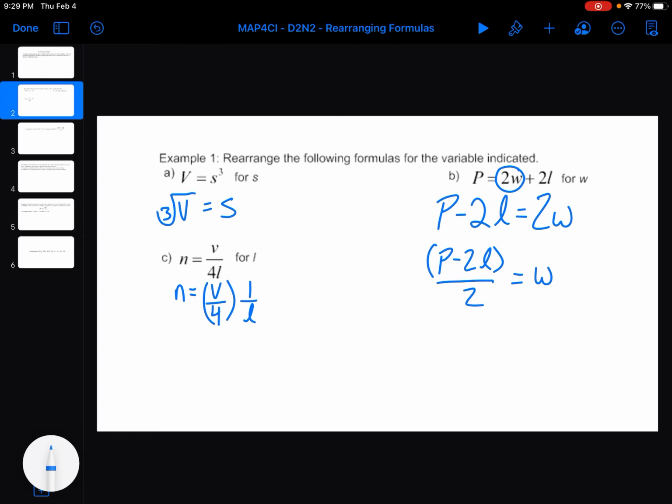So we can multiply that L up to the other side. So this is going to say n times L equals v over 4. And now I just need to divide by n, because the opposite of multiplying is dividing. So we get L equals v over 4n.